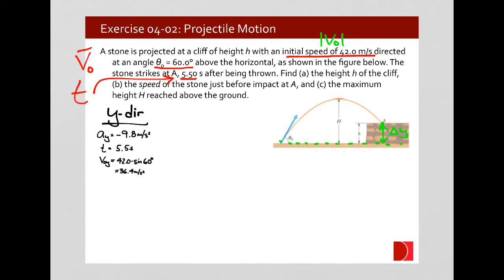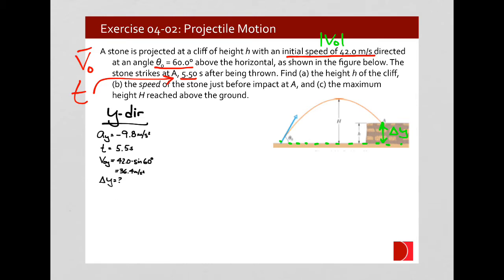And since it's thrown upward and to the right, that means that both our x and y components of the initial velocity should be positive. So we already have the 3 kinematic variables that we need to know, and what we're asked is, if we want to know the height that it reaches, we want to know the displacement in the y direction.